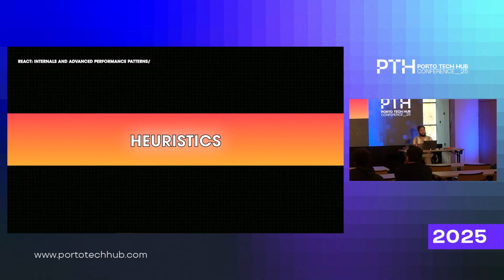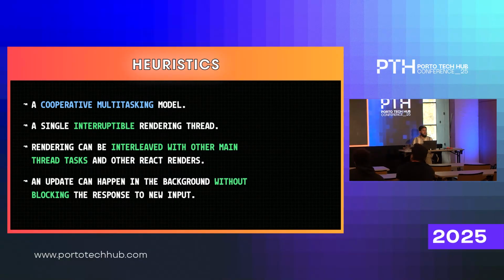However, I wanted to give you this counter example because under the hood, it's not like React is doing generators and while trues. The heuristic is the same cooperative multitasking model. Yes, you have a single interruptible rendering thread.